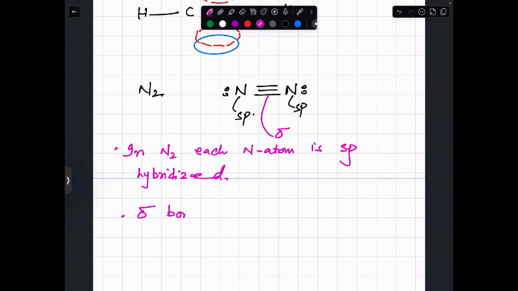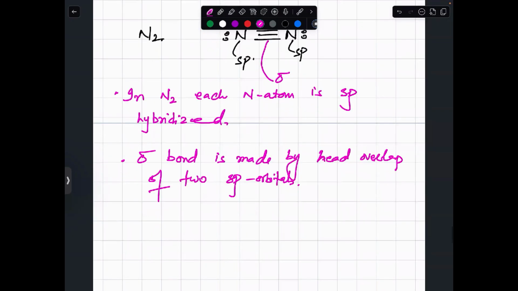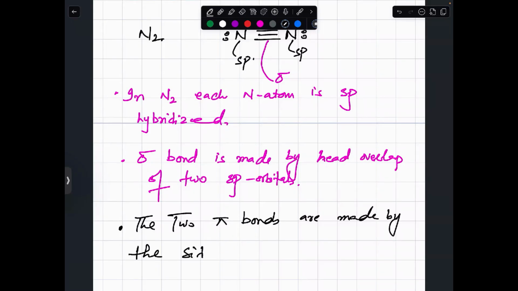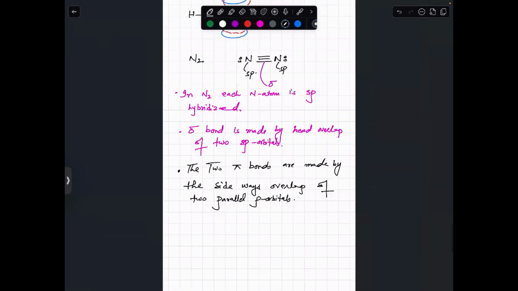The sigma bond is made by head-on overlap of two sp orbitals, and the two pi bonds are made by the sideways overlap of two parallel p orbitals. This is a description for 3 marks.